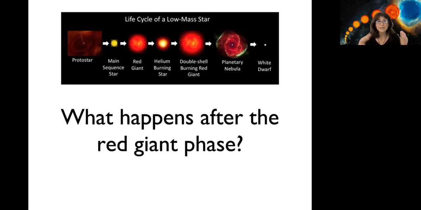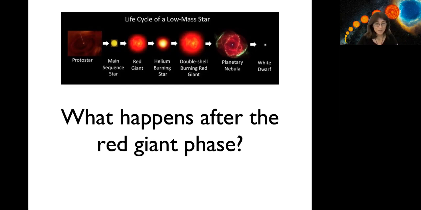During the main sequence, everything is in equilibrium. It's called hydrostatic equilibrium, where gas pressure and gravity balance each other out perfectly so that the star neither grows nor shrinks. It stays the same and it produces energy in a healthy way. And a star spends about 90% of its life in that stage.